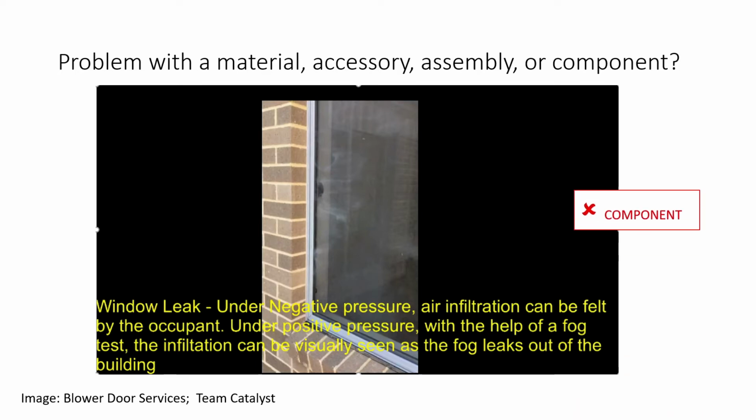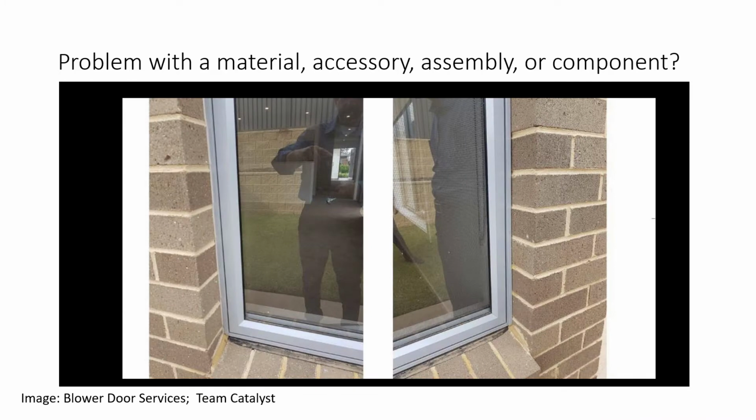But there might be a problem where, say this is a different wall, there's air leaking out around the crack around where the window goes in. It's not leaking out of the window unit itself, but the joint around it. That's a failure of the wall behind that component, that facade.